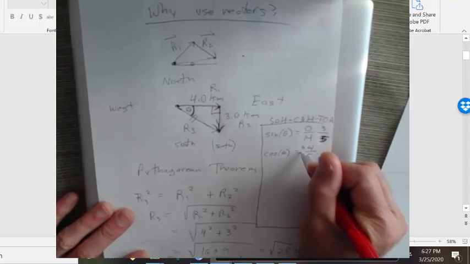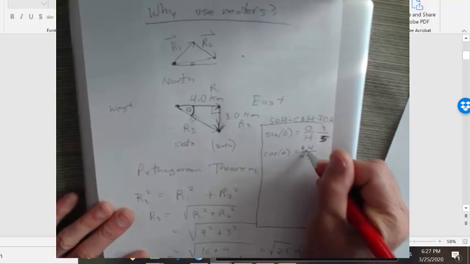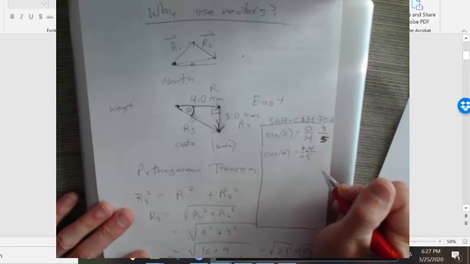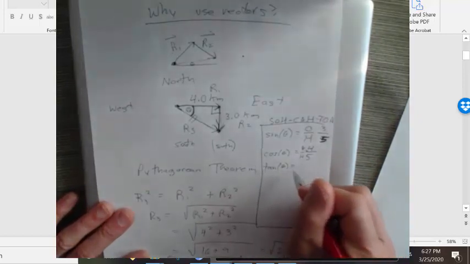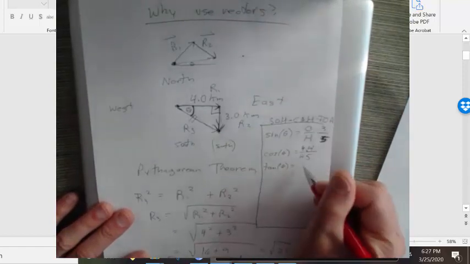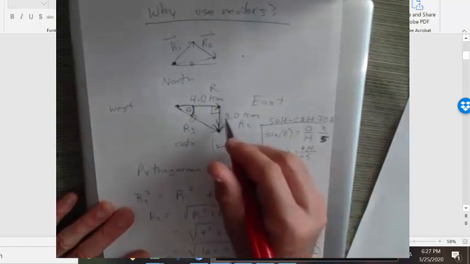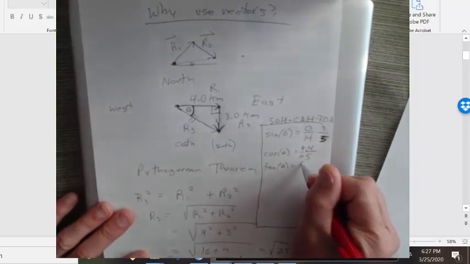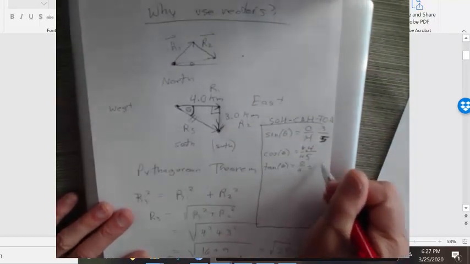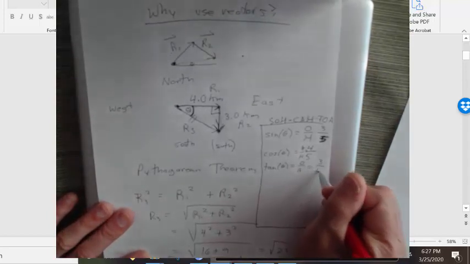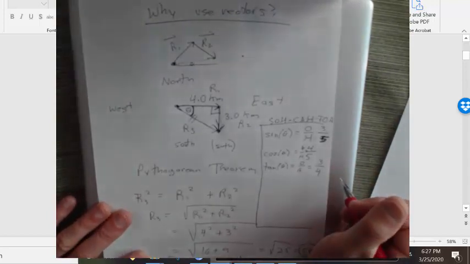I should say A over H, which is equal to 4/5. The tangent of theta tells me in general, that's the final 3 letters, that the opposite side divided by the adjacent side is what's equal to the tangent of theta. In this case, that's going to be equal to 3/4. All right?